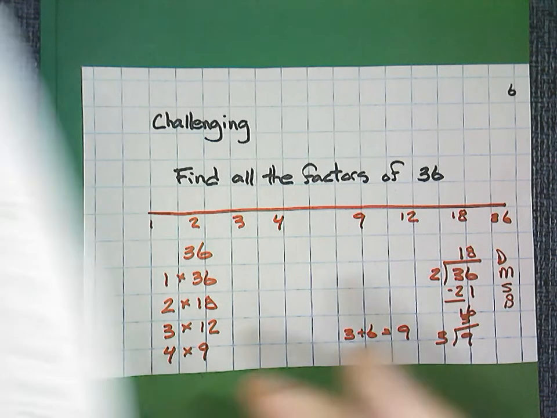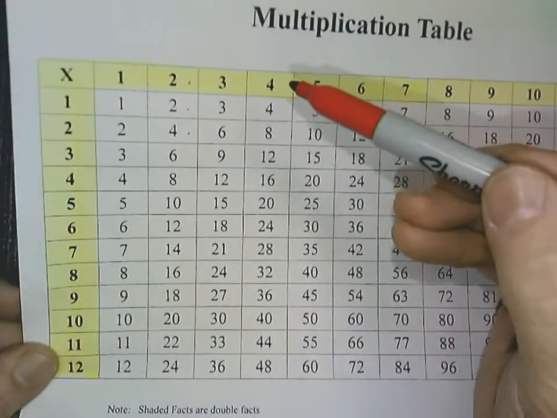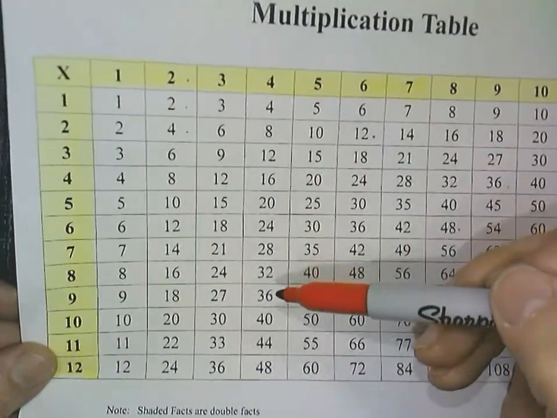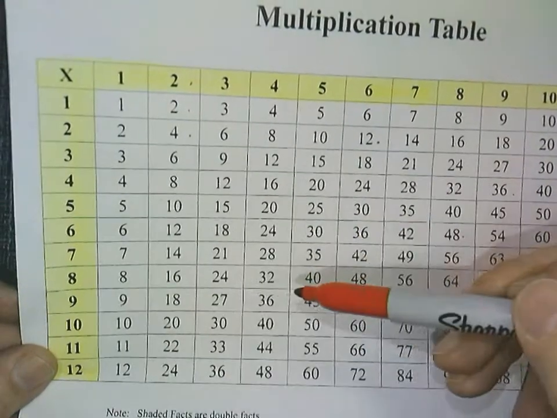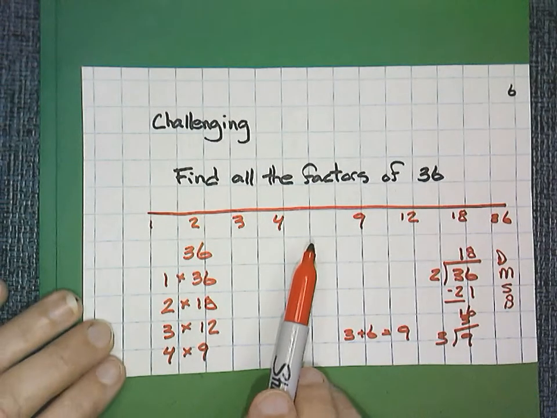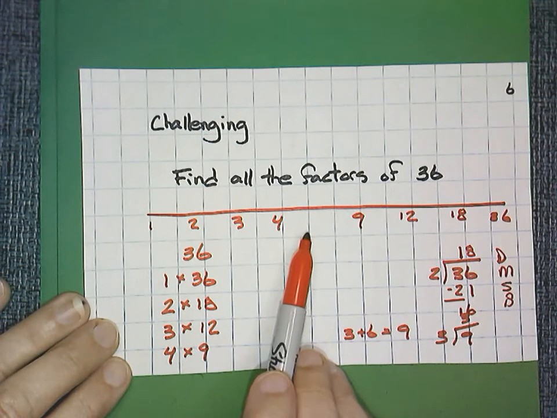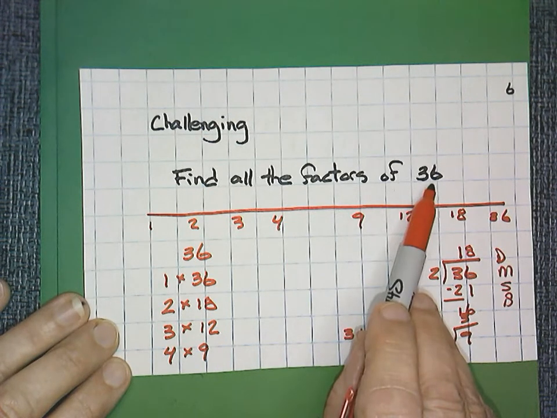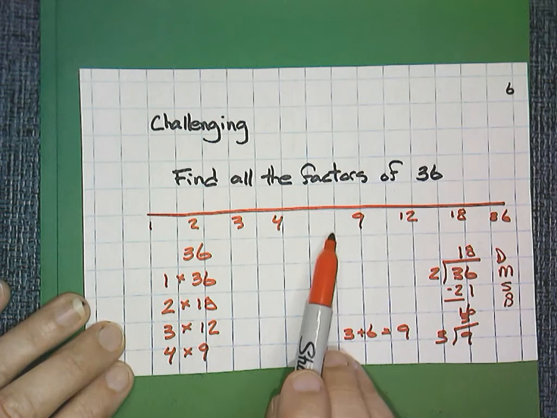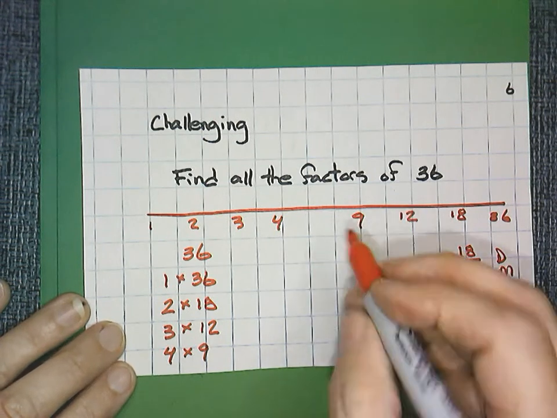And again, this is where your knowledge of your multiplication tables, 4 times 9 is 36. The only numbers I have left would be 5, and 36 does not end with a 5, so it can't be 5. How about 6?